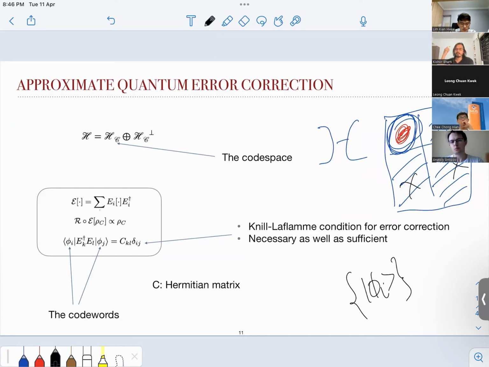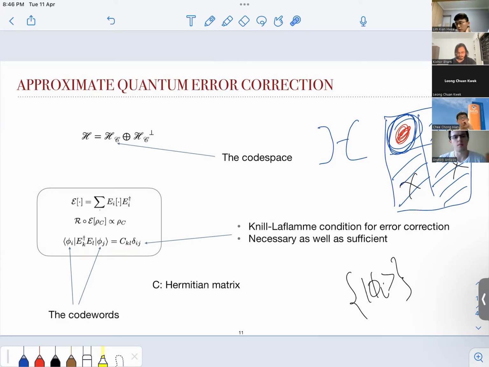And let's say the Kraus decomposition for your error map is given with these E_i and E_i dagger. Then as long as this quantity here is some Hermitian matrix element times a Kronecker delta function, you are okay.